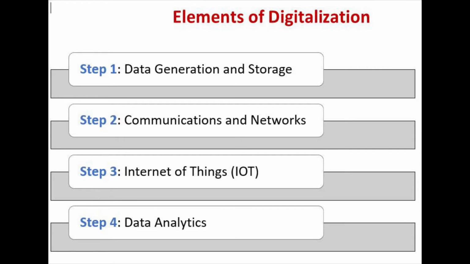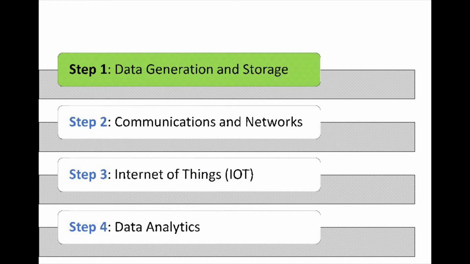Digitalization, on the other hand, is analyzing data which has been collected by internet-connected devices. It has four elements, that is data generation and storage, communication and network, Internet of Things, and finally data analytics. Let's first talk about data generation and storage.